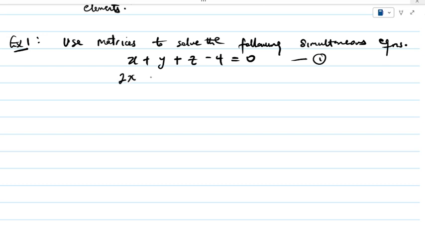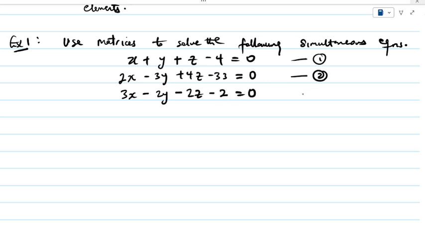2x minus 3y plus 4z minus 33 equals to 0. Equation 2. 3x minus 2y minus 2z minus 2 equals to 0. Equation 3.